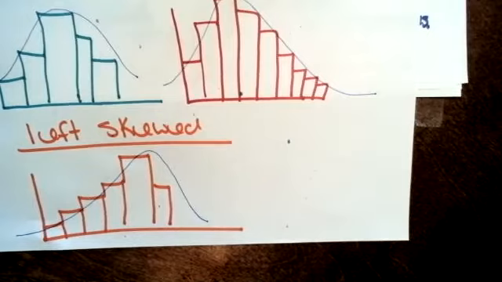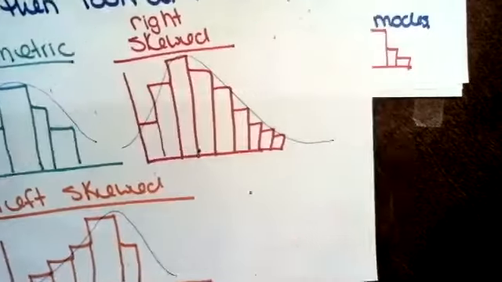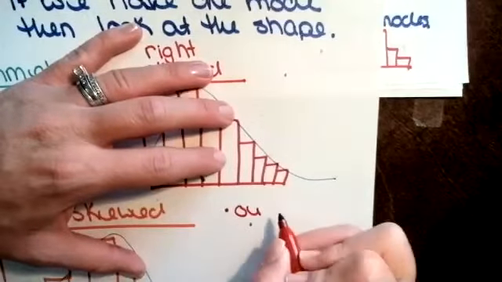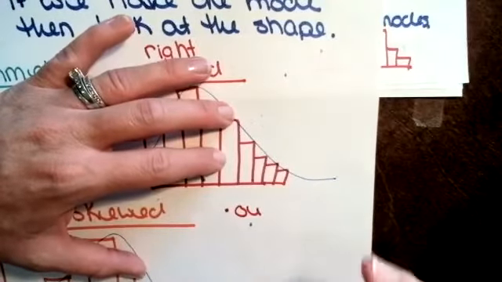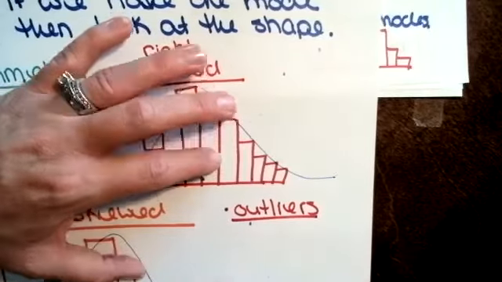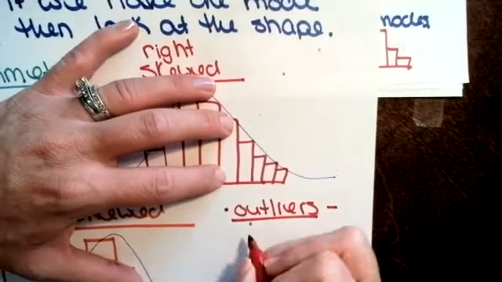One more thing with this, I know we only have a couple minutes. I want to talk about outliers. It's not outliners, it's outliers, with an R. Outliers are called unusual values.